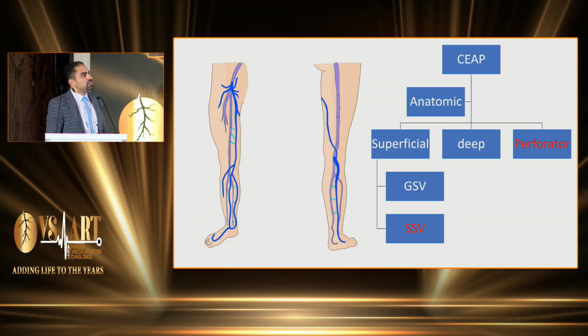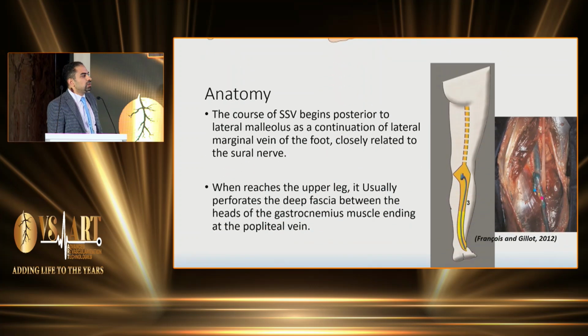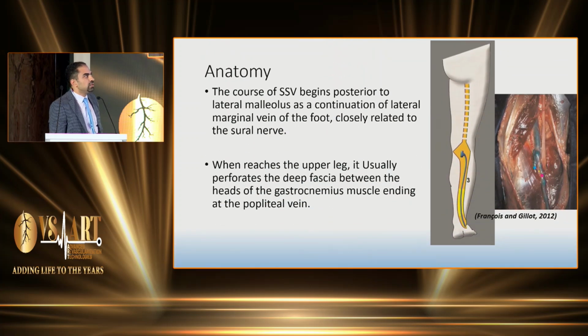As we all know, the CEAP anatomic classification includes the perforators and the small saphenous vein. As for the anatomy of the small saphenous vein, it begins posterior to the lateral malleolus and ascends in the leg, accompanying the sural nerve until it reaches the popliteal fossa and merges with the popliteal vein at the level of the knee crease.